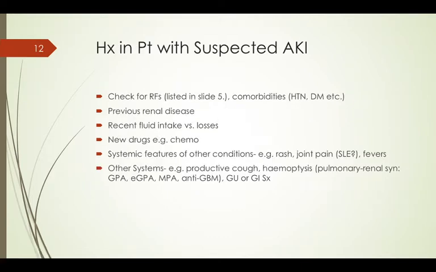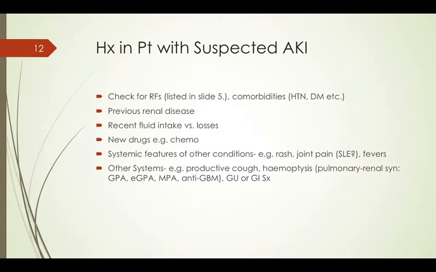Right, so history, what we're trying to look for. So think about the risk factors I've already mentioned: diabetes, CKD, peripheral vascular disease, congestive cardiac failure. Think about those under the past medical history. Think about previous renal disease, as I've mentioned, CKD. Make sure to have a good appreciation of the patient's fluid balance.